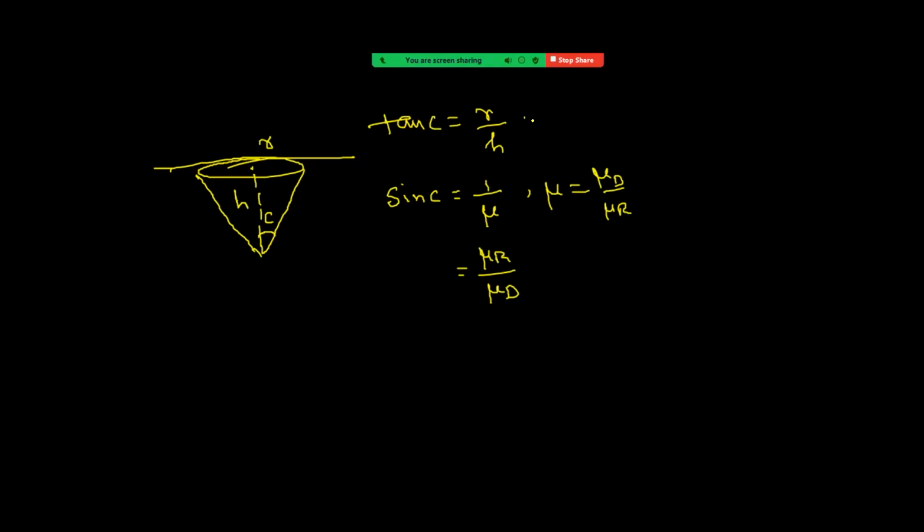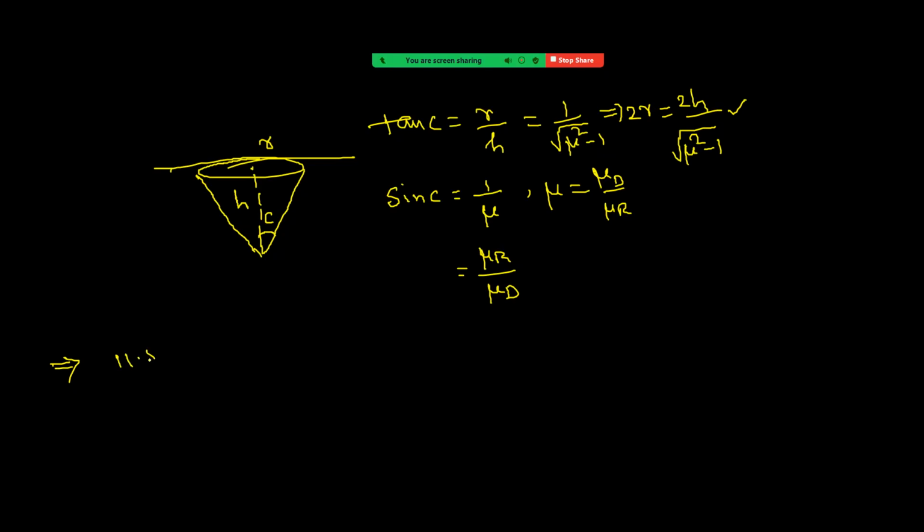So now this is becoming 1 by square root of mu squared minus 1. From this, r equals h upon square root of mu squared minus 1. This is what we discussed in the last lecture, right? It is now just substituting values in this one. Diameter is given, so I'm multiplying both sides by 2, because 2r gives the diameter.